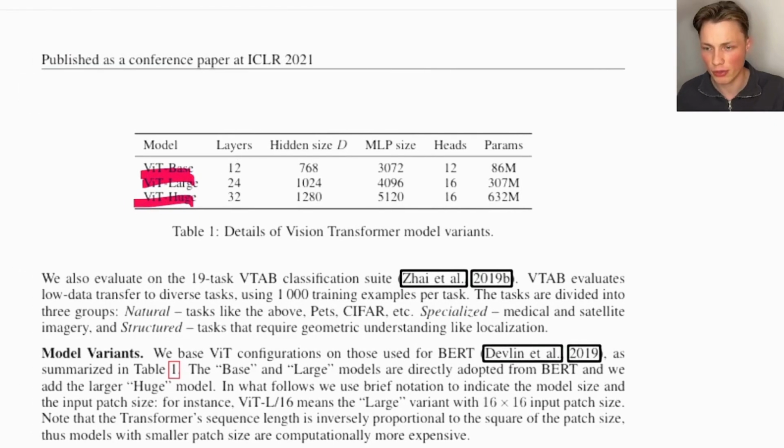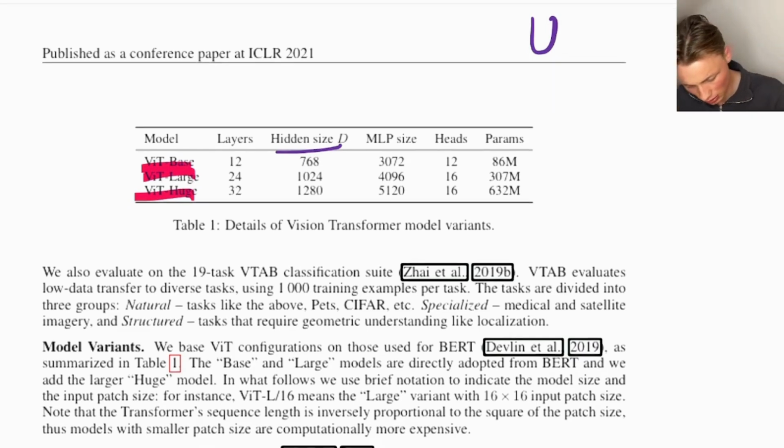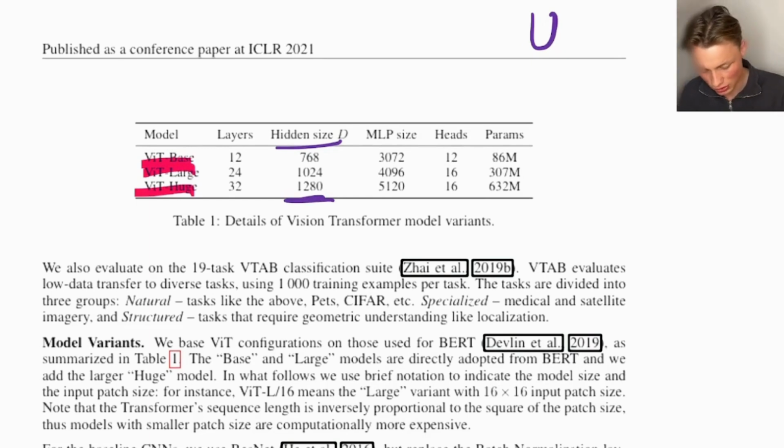Then we also have the hidden size D. The hidden size D is the size of our model, so we have our patch, and this patch we are bringing into a higher dimensional space with our weight matrix W, and this weight matrix is as large as this output, so as large as our hidden size D. Then we have MLP size and heads.